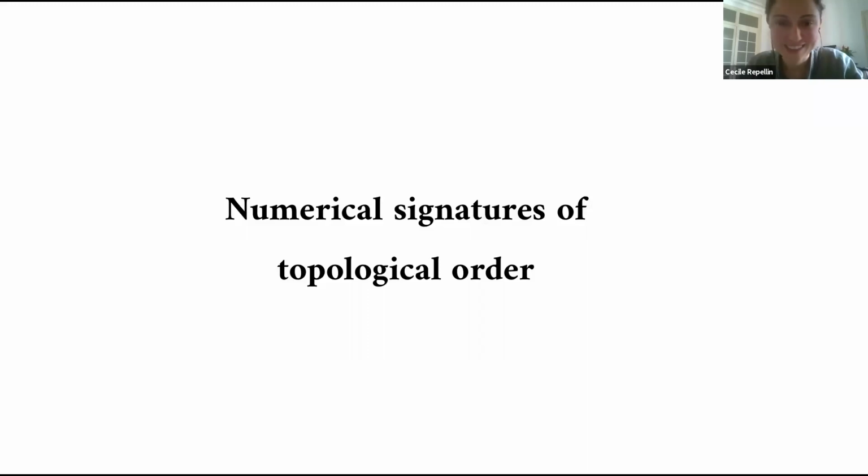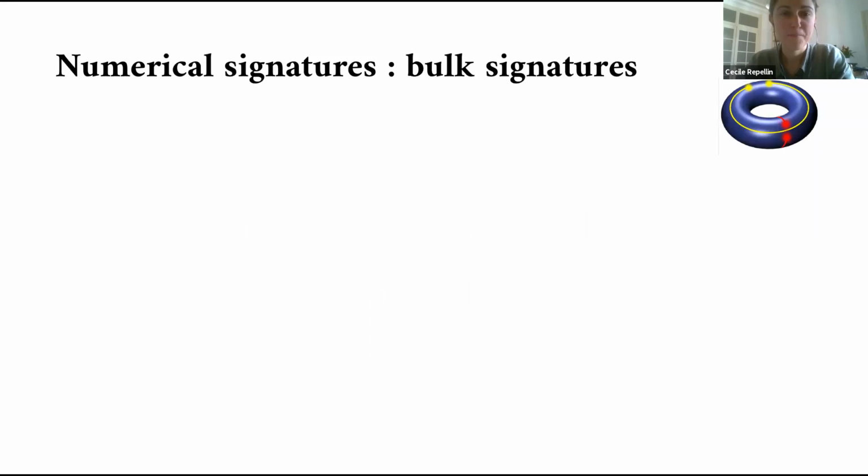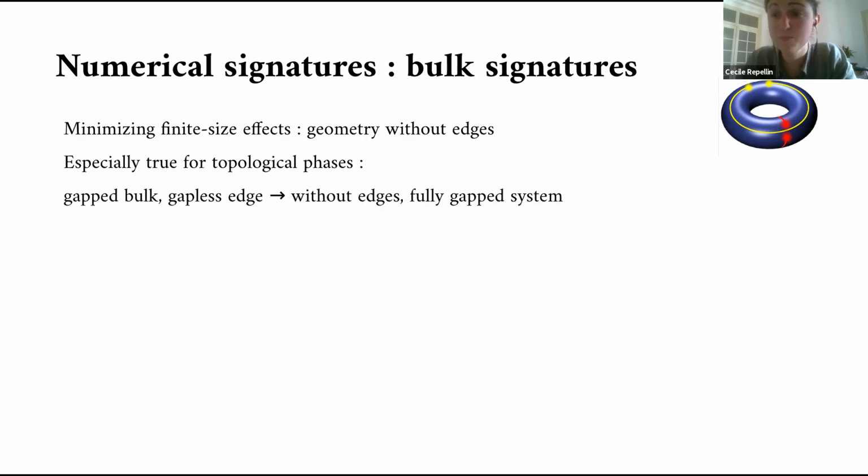Okay, so now we can maybe start with some numerical signatures. A very general point about numerical signatures in general: typically we like to have bulk signatures, meaning that we like to have systems without edges because it tends to lower finite size effects. And this is especially true if you have a topological phase, because for a topological phase you expect gapless edge modes at the edge.